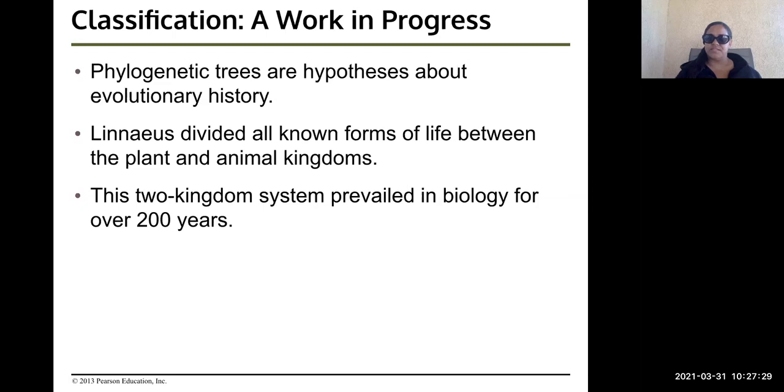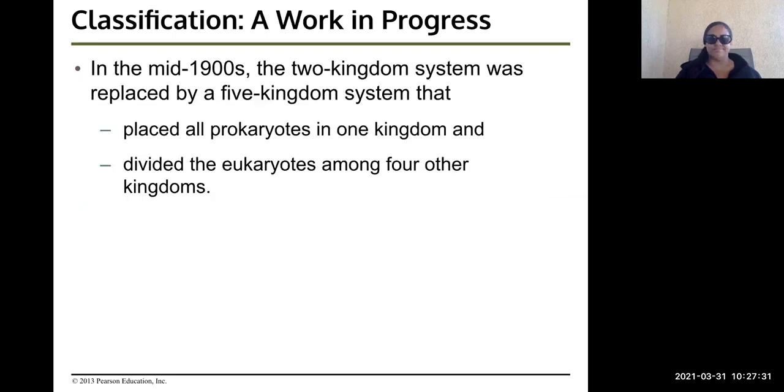With the invention of things like the microscope, we had to readjust our classification system. In the mid-1900s, the two-kingdom system was replaced by a five-kingdom system. We placed all prokaryotes in one kingdom and then divided the eukaryotes among four other kingdoms.